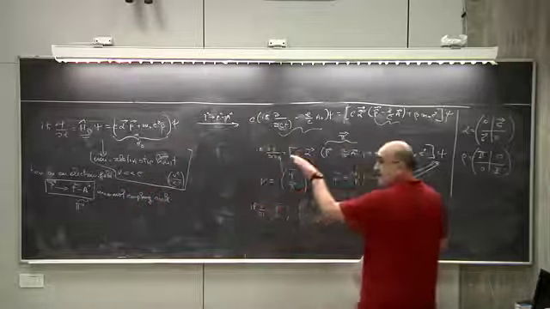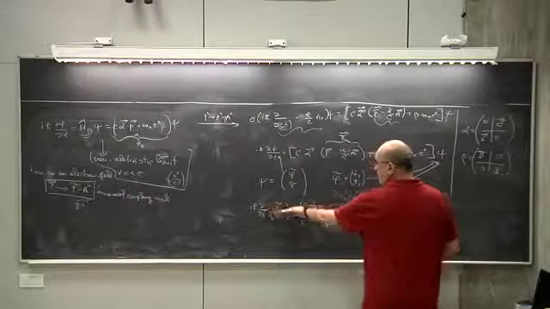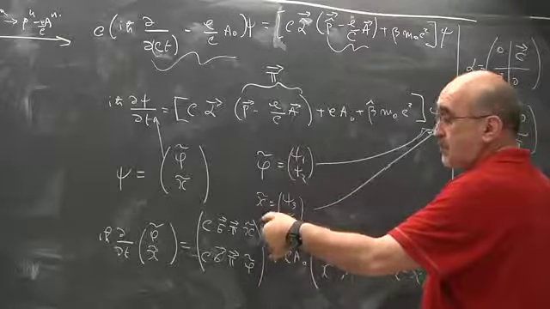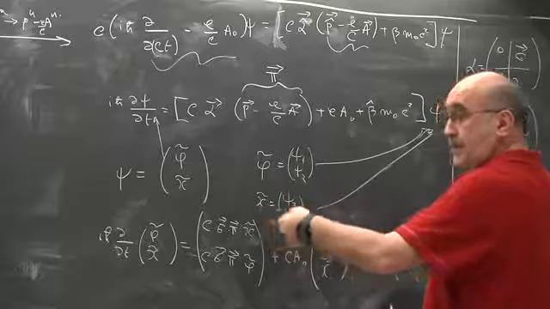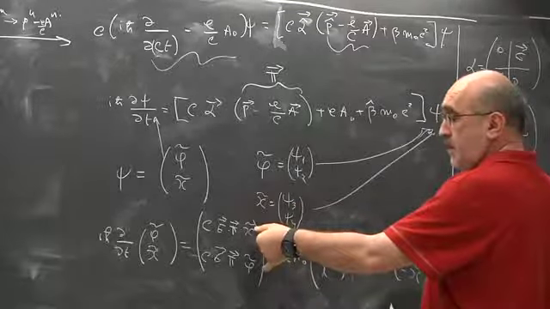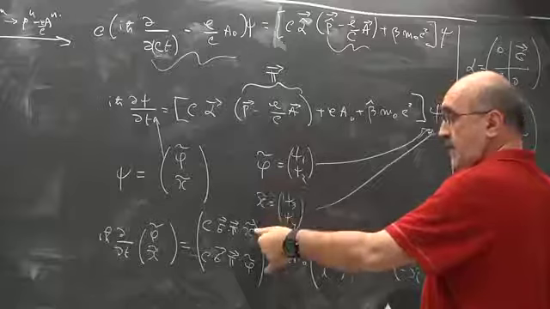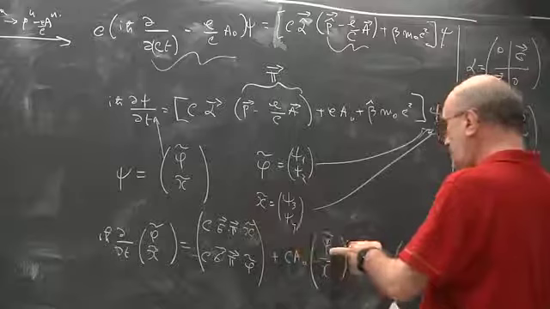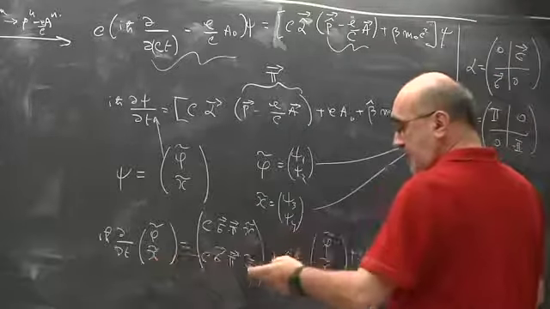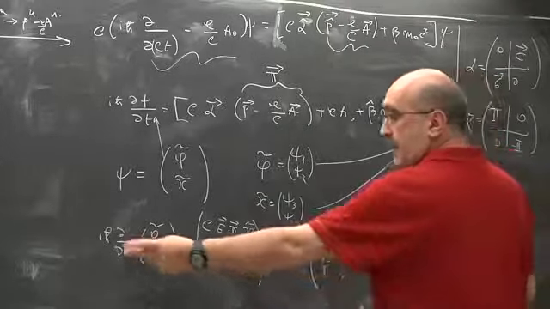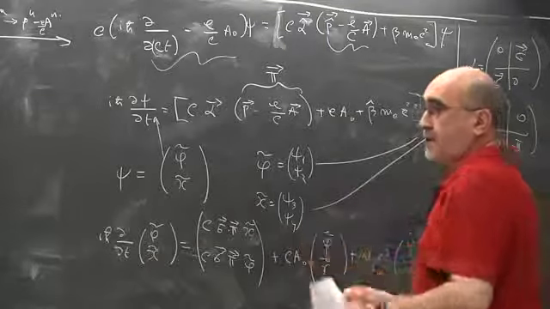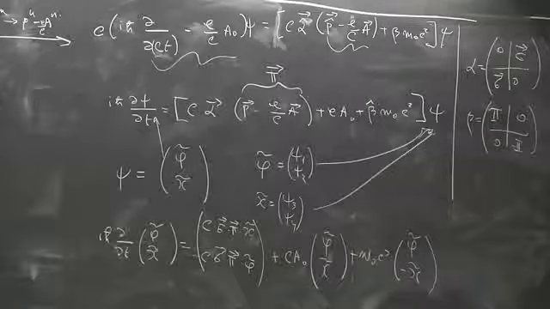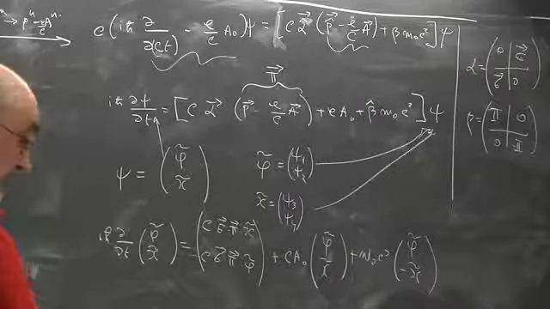If you take the upper two, you have the equation of motion of φ tilde relates to a piece that contains χ tilde. So these are 2 by 2 equations. Altogether it's a row with 4 things, but it's 2 by 2, and they are coupled because here enters χ, here enters φ. The motion of χ is related to φ, so they are coupled. It is a system of coupled partial differential equations.